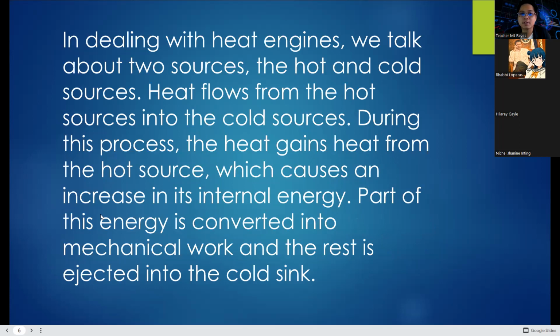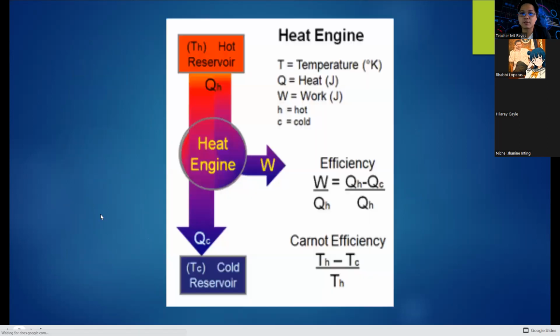During this process, the engine gains heat from the hot source, which causes an increase in its internal energy. Part of this energy is converted into mechanical work, and the rest is ejected into a cold sink. If you look at this diagram, this is the pattern.